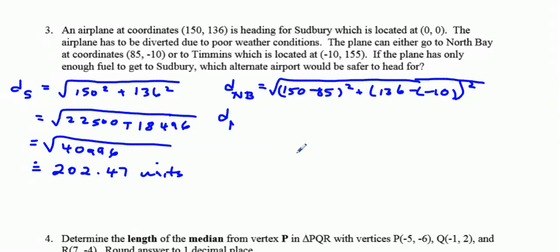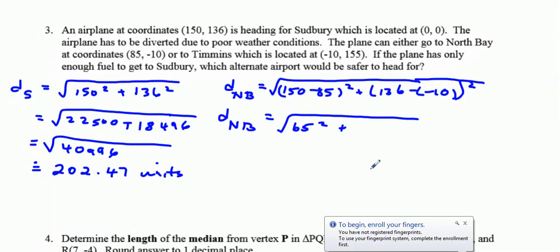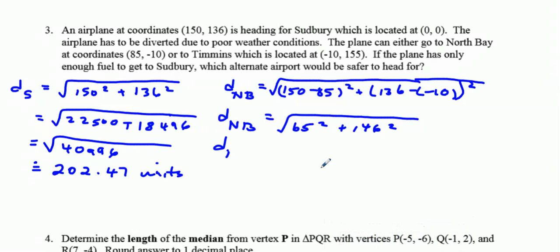Okay, so the distance to North Bay is 150 minus 85, which is 65 squared, plus 136 plus 10, so that's 146 squared. So the distance to North Bay squared plus 65 squared.